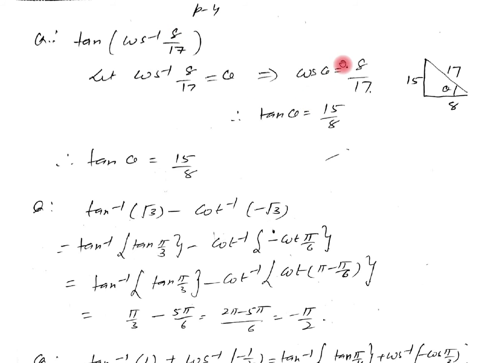Cos theta is 8 by 17, so we can take help of this right triangle. Suppose this is theta. Cos theta is 8 by 17, so by using the Pythagoras theorem, the third side will be 15. Therefore tan theta is 15 by 8. Again it is tan theta, so the answer will be equal to 15 by 8.